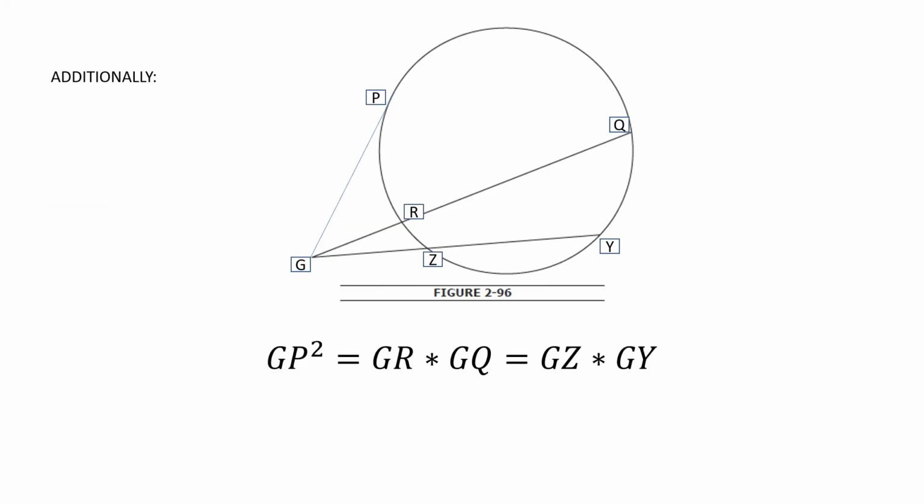This is the same property, okay? So don't get freaked out. These say what we just went over. GR, the small bit of this secant line, times GQ, the whole thing, equals GZ times GY. Same thing. However, if you make a tangent line from that same point G that the other secants came out of, for some reason, and I don't even think this is in the math resource, but these are older quizzes, so maybe it'll come up.